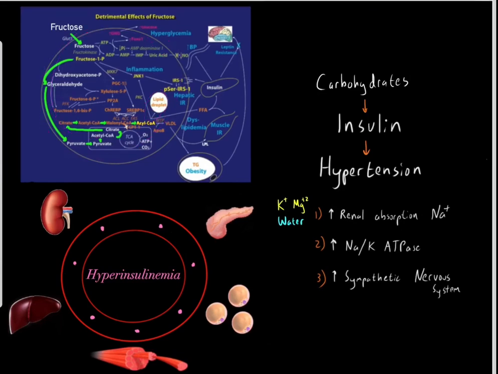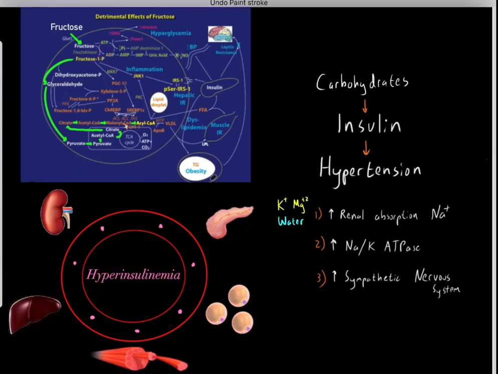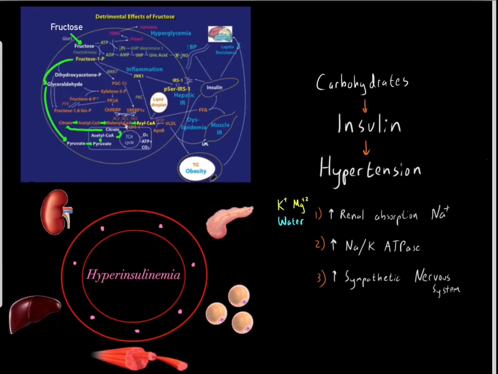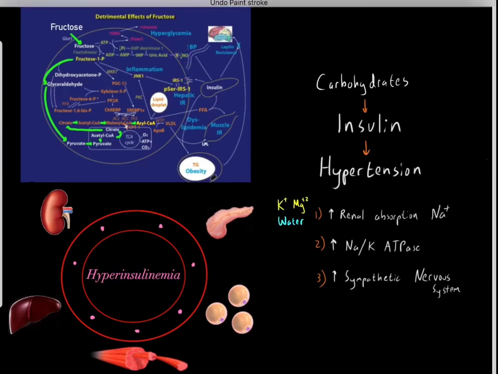But not just that, when this fructose is metabolized, it uses up ATP, which forms ADP, which then forms AMP, which then gets catabolized and forms uric acid. So this uric acid is also associated with certain markers of metabolic syndrome. But something important to realize is that this uric acid essentially inhibits the formation of nitric oxide, which also increases blood pressure.